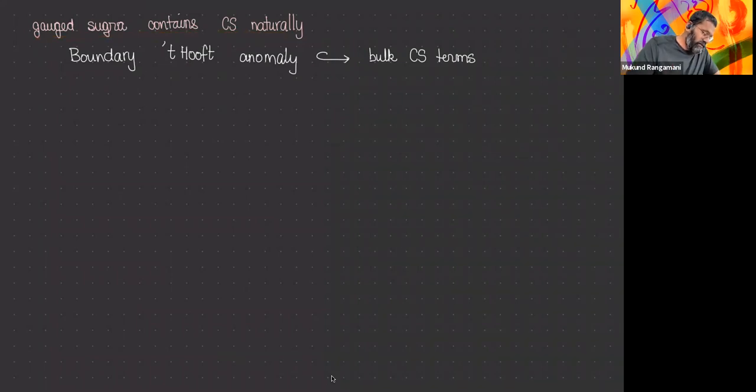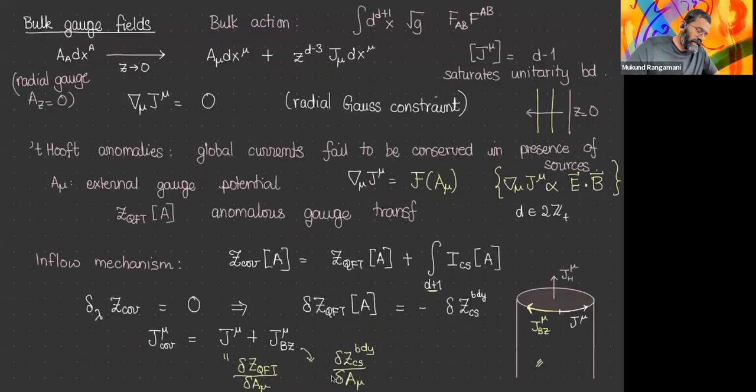The statement that I want you to take away is that the boundary 't Hooft anomaly is precisely compensated by bulk Chern-Simons terms. In fact, the coefficient of the Chern-Simons term precisely matches the 't Hooft anomaly that you would compute in perturbative Yang-Mills theory, because the anomalies are one-loop exact, so you can't have a different answer at weak coupling and strong coupling.